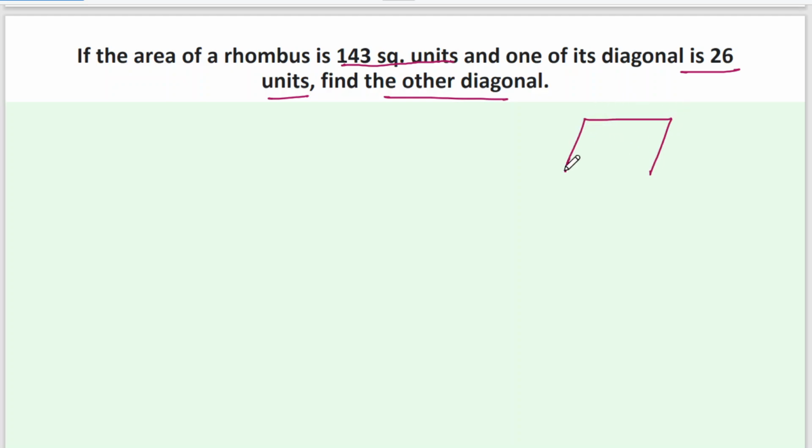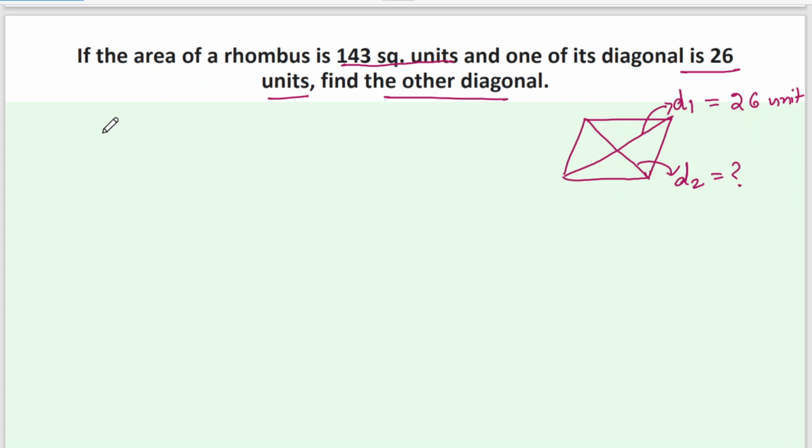Rhombus is a quadrilateral in which all four sides are equal, and in rhombus we have got two diagonals, diagonal 1 and diagonal 2. So this is our diagonal 1 and this is our diagonal 2. Now diagonal 1 is given as 26 units and diagonal 2 we need to find out.